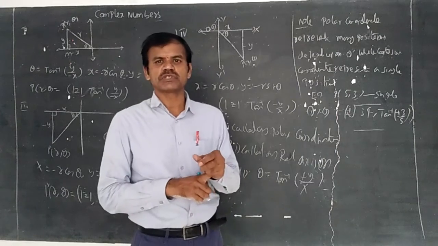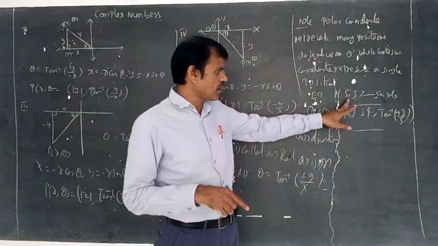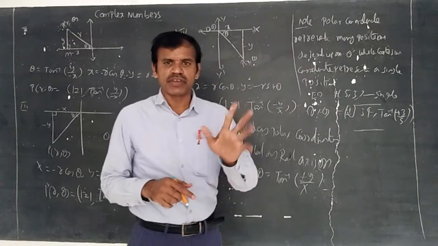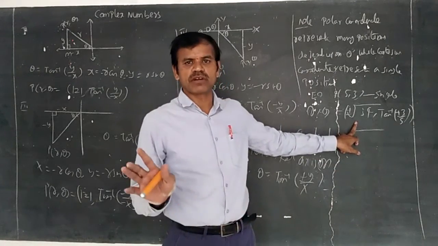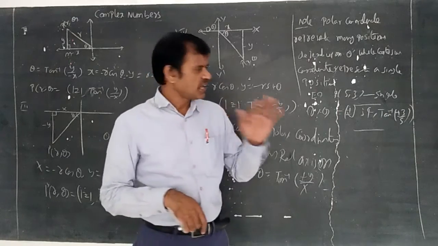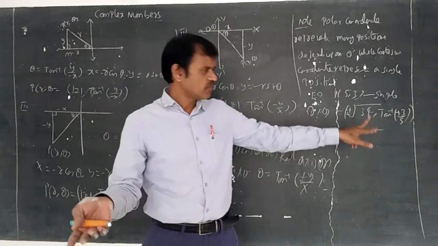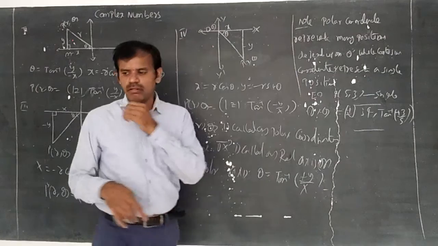So many rotations you can rotate, but for only (5, 3) you can have only one rotation. Example, you are taking the first quadrant only (5, 3). So simply you can write root 34 comma tan inverse 3 by 5, after completion of 2 pi plus theta. Again you can write root 34 comma tan inverse of 2 pi plus 3 by 5. Again 4 pi.